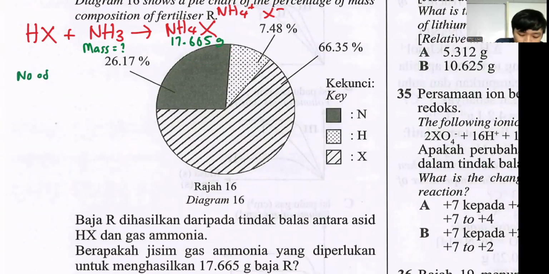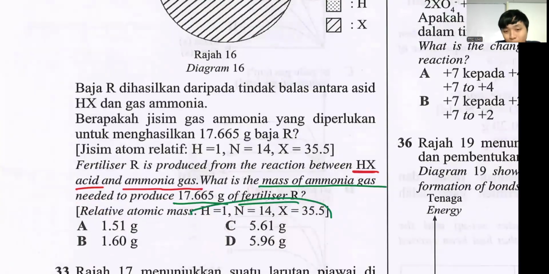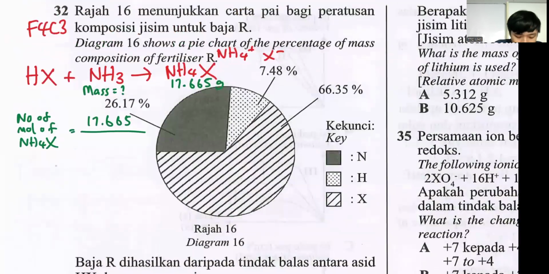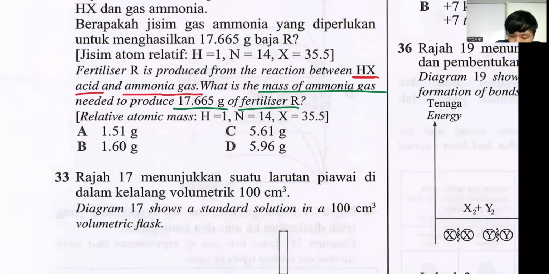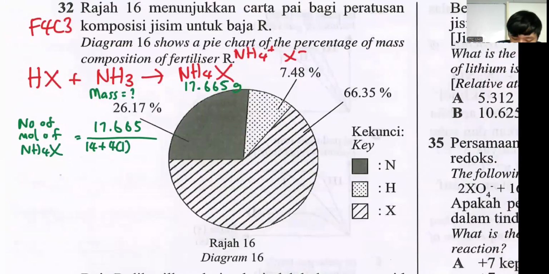Number of mole of NH4X equals 17.665 divided by the molar mass of NH4X. So you have to follow this. NH4X: N is 14, 4 H is 4 times 1, plus X, which is 35.5.